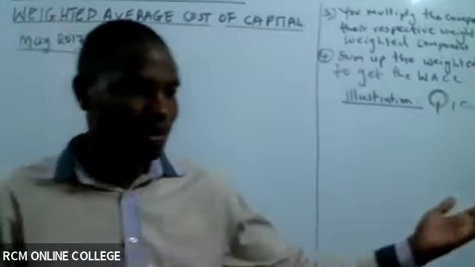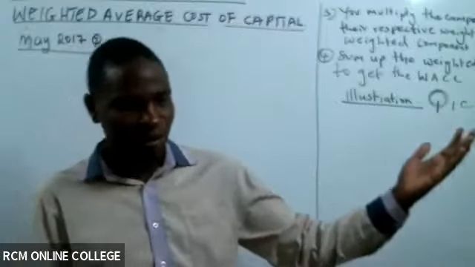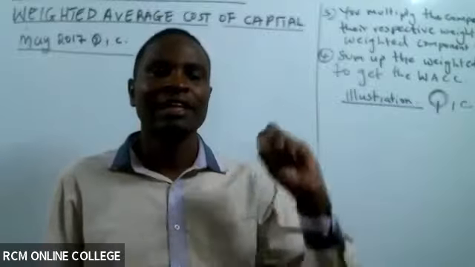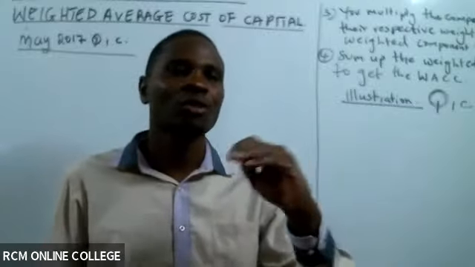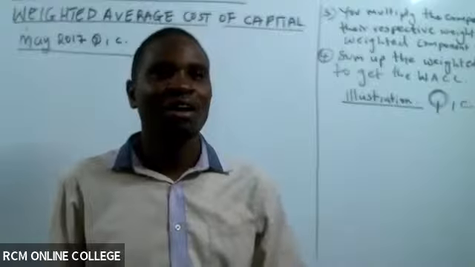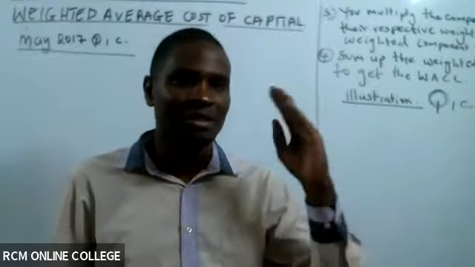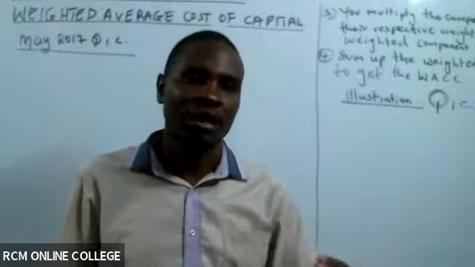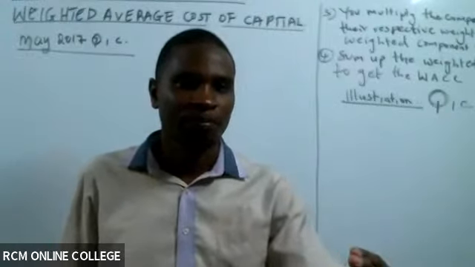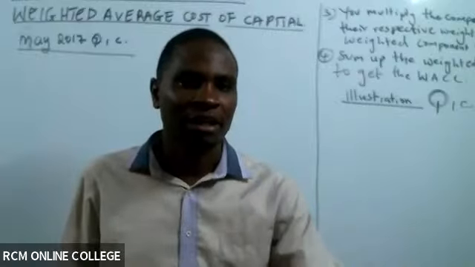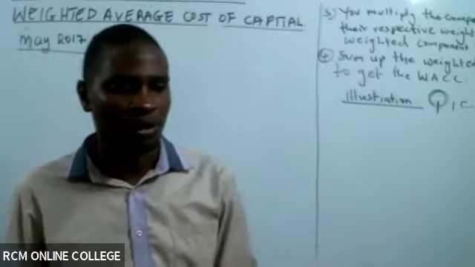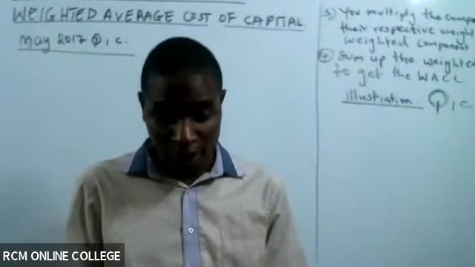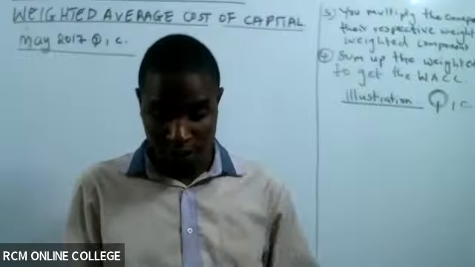They have not mentioned 10 years or 5 years. There is no maturity period, therefore that is direct irredeemable. Now you understand the formula: interest divided by the market value, then you adjust that for tax. And that's why it's important to know what you are dealing with.